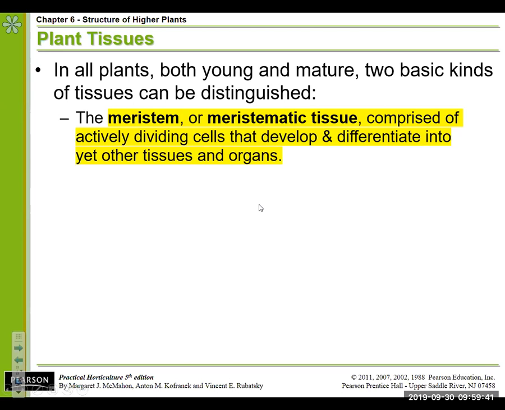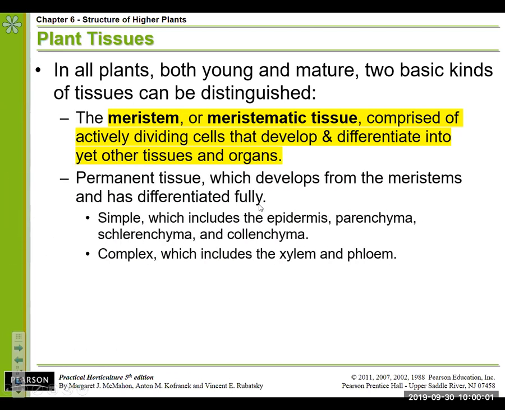They're undifferentiated cells. So they're a basic cell that is then given a chemical or a hormone or a different set of proteins that turns it into a particular type of cell to develop into a tissue or an organ. So the meristem is where that takes place.